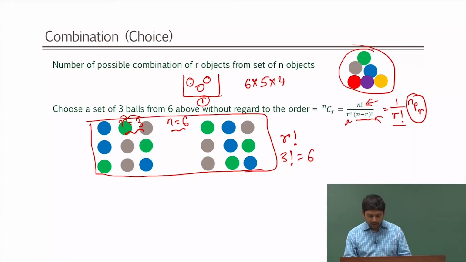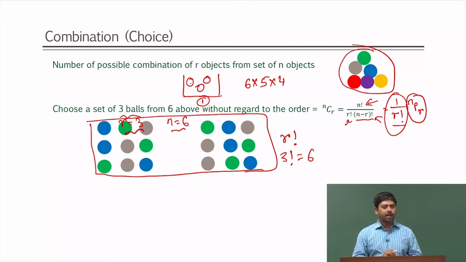Let us say I have chosen the green, blue and grey balls out of the 6 possibilities, but all possible configurations are equivalent when I put them in the box. Therefore, I have to divide by factorial r, and that reduces the number of configurations by factorial r.